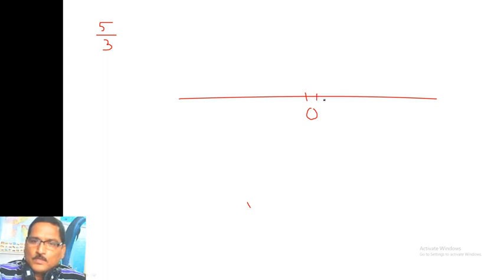Divide into 1, 2, 3, so it is whole part 1. Then another 1, 2, 3, it is whole part 2. Out of this, how many parts do I have to take? 5. Count 1, 2, 3, 4, 5. Clear? So up to this mark you have to draw. This is the position of 5 by 3 on the number line.